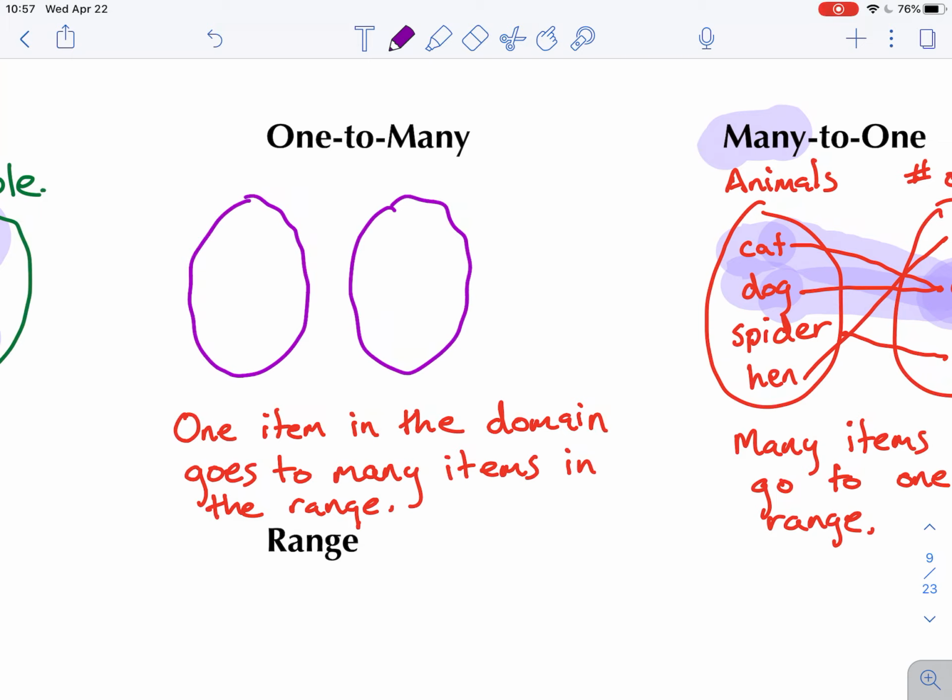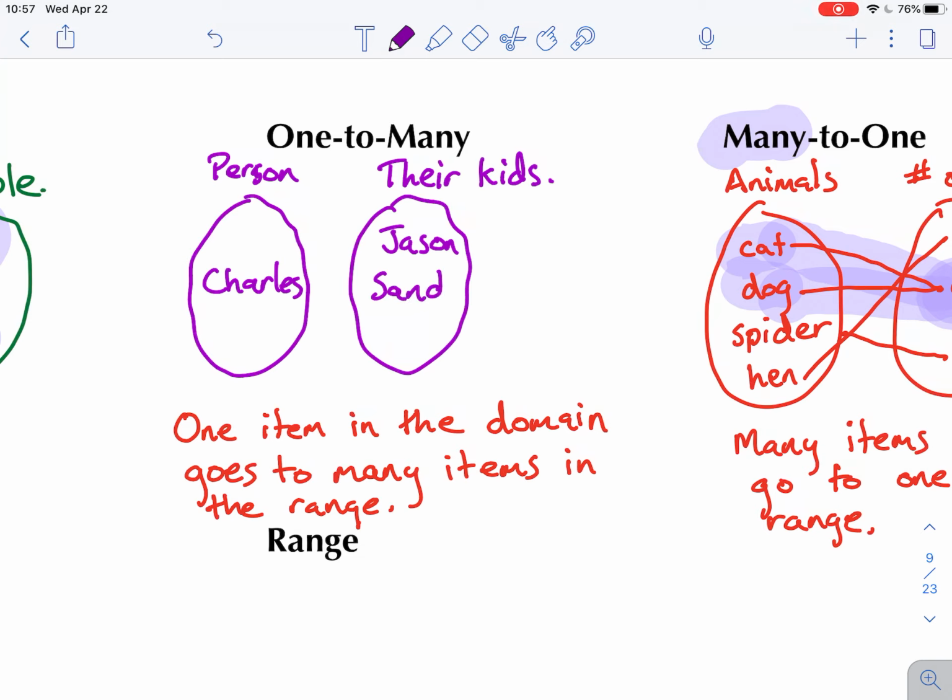We're going to do an example here. Arrow diagrams are often the easiest ones to figure this out. We're going to take a person and their kids.